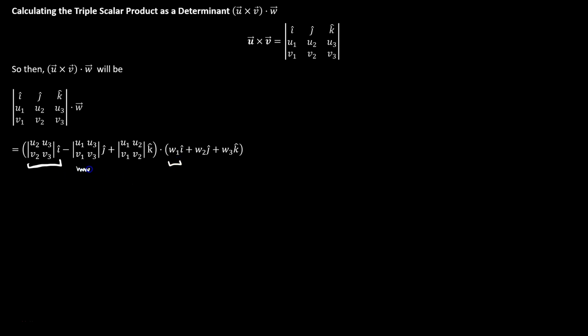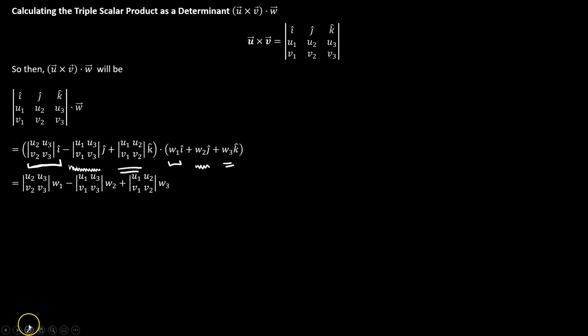And then the 2 by 2 matrix on J, including the negative out front, would be multiplied to W2. And then the 2 by 2 in front of K would be multiplied to W3. We would lose all of the I, J, K notation, and it would turn into a scalar because the dot product produces a scalar. Now from here, we're going to start to rewind.